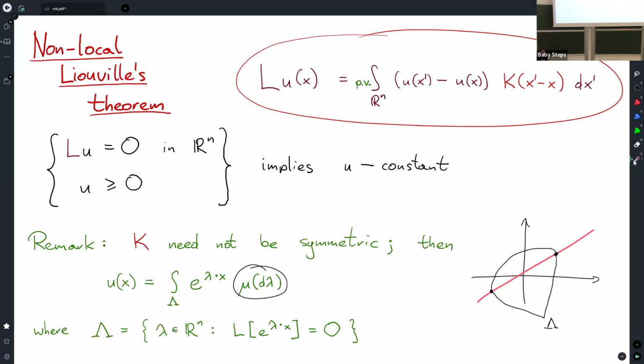Okay, so the most important thing in this problem is this determination of the set lambda, not necessarily the exact form of the measure mu, yes? No, I wouldn't agree. That tells you, for example, that all solutions are convex functions.